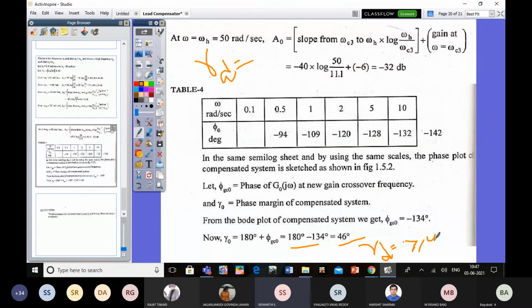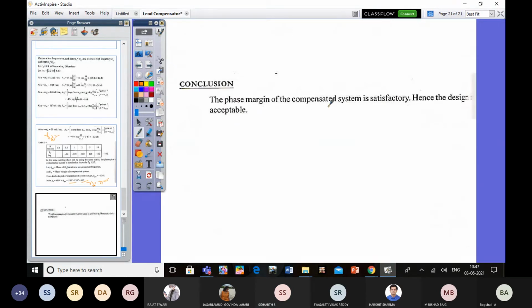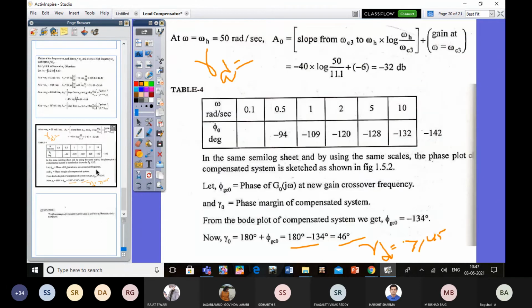It should be greater than 45 degrees, no? So the design is accepted. You can see the phase margin of the compensated system is satisfactory. Hence the design is acceptable.